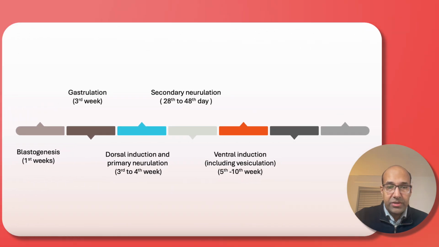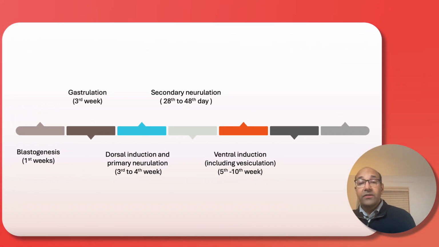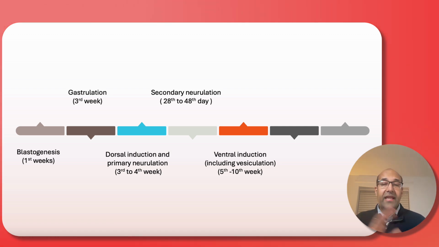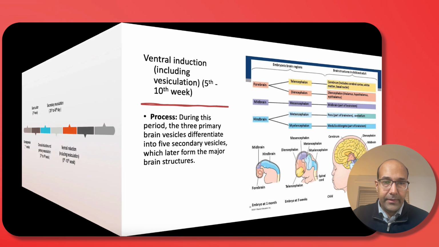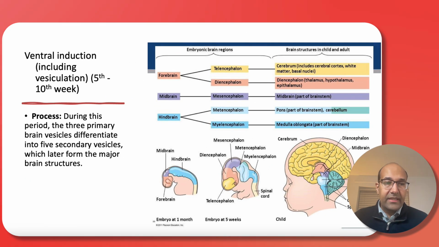Moving to the next stage, which is the ventral induction, including vesiculation, between the 5th and 10th week. In ventral induction, we can see that the 3 primary brain vesicles then differentiate into 5 secondary vesicles. So we have 3 primary: forebrain, midbrain, and hindbrain.